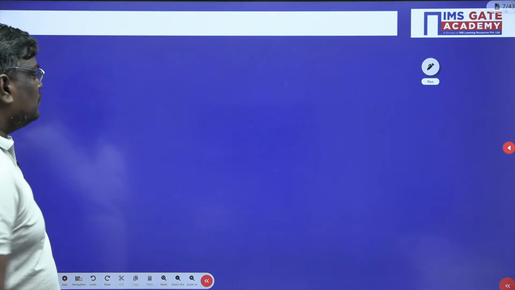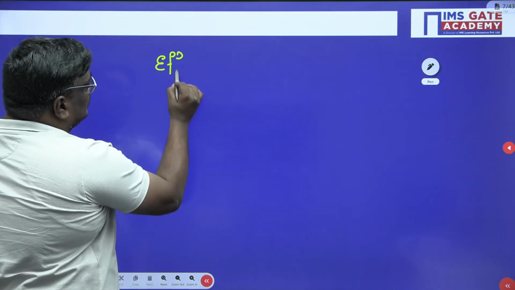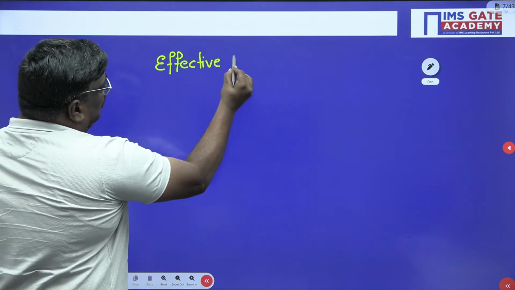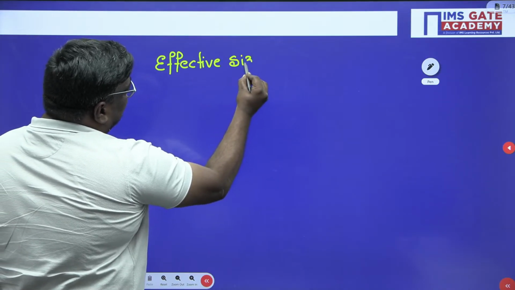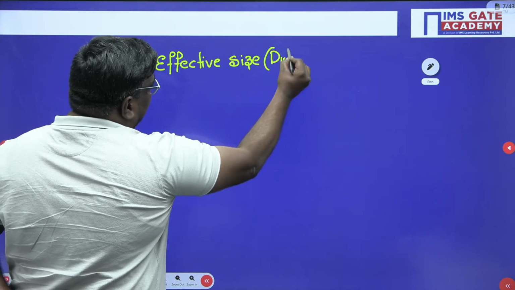Now see students, we have another term called effective size. Sir, this is very important. Effective size is denoted as D10.